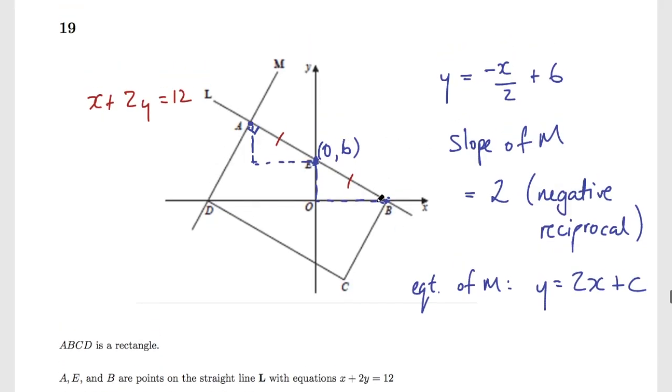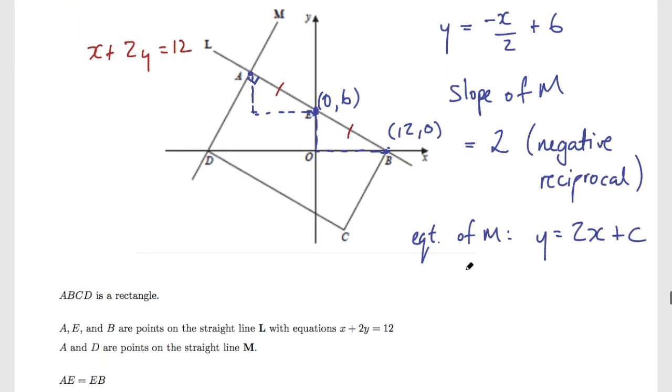But anyway, assuming B is the x-intercept, B is going to be the point (12, 0). If y was 0 here, x would equal 12. So we can see a distance between these points going up by 6 and across 12. So if we go across 12 here and up by 6, this point A is going to be (-12, 12).